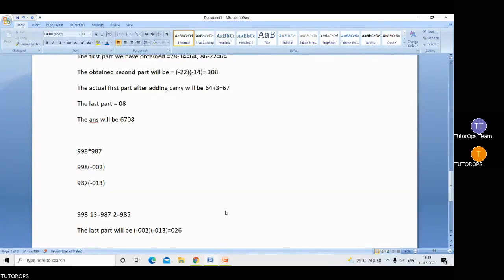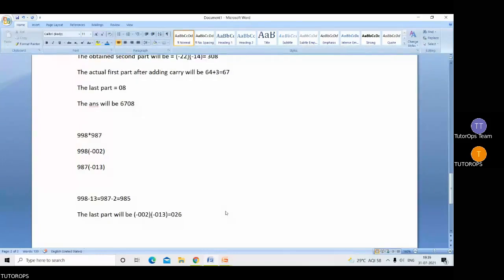I am just taking the last 3 digits of the multiplication of deficiencies. No carry will be there, because for the previous digits it was 0. So the actual result is 985,026. For bigger multiplication also, I can do it in this way.